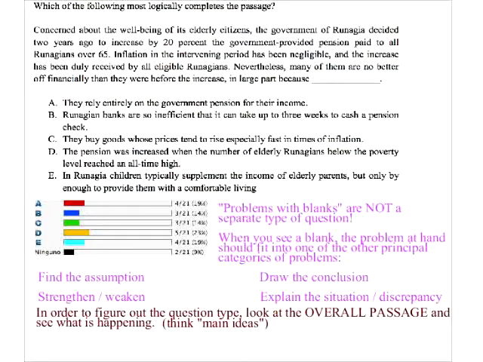So the government increased the amount paid to the elderly. And they all got it. And there hasn't really been any inflation, but they're not any better off than they were.